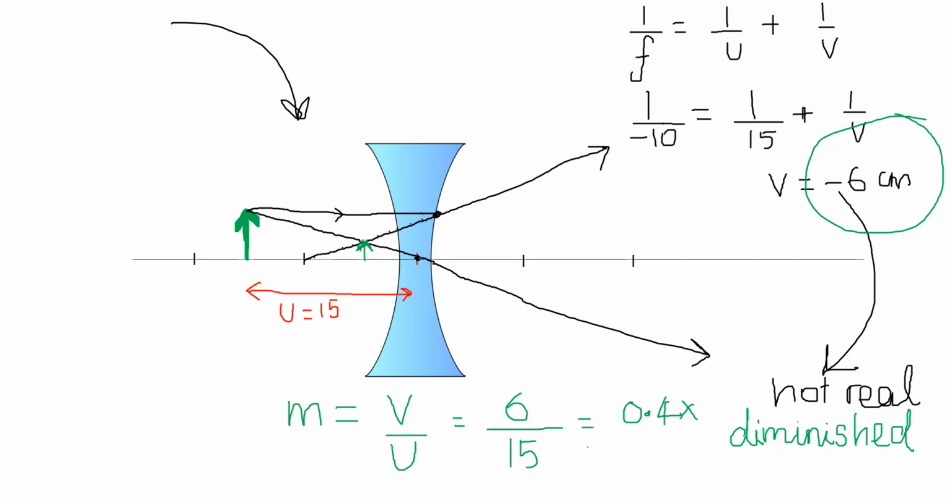Size is diminished. It's not real. And compared to the object, this is the object, this is the image. The image and the object both are standing upright. That means tegak kepala, not terbalik. Normally, if it forms on this side, it will be terbalik. But if it forms on the same side, it is normally same upright.